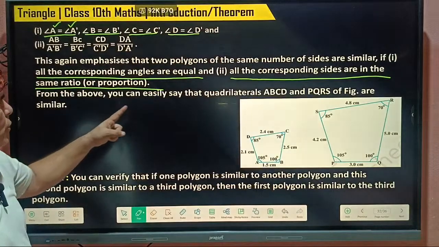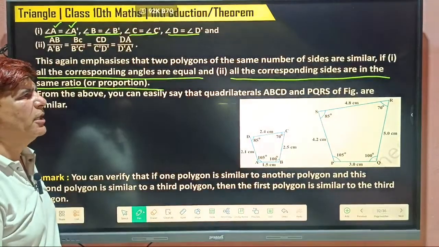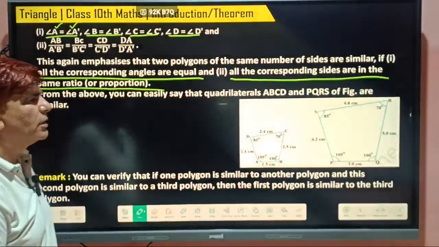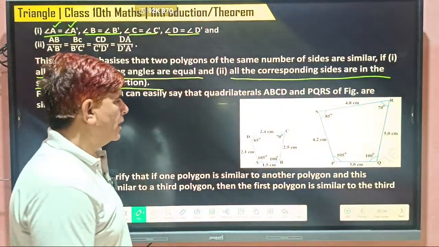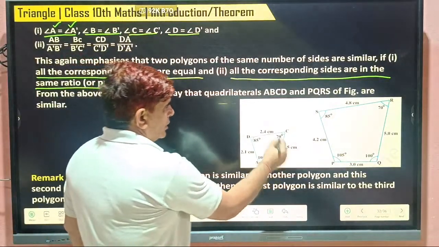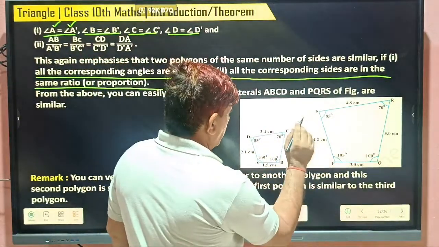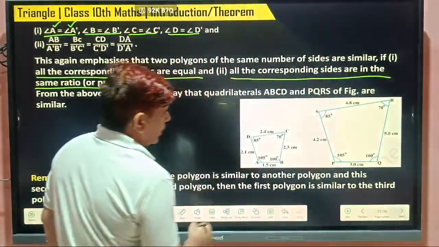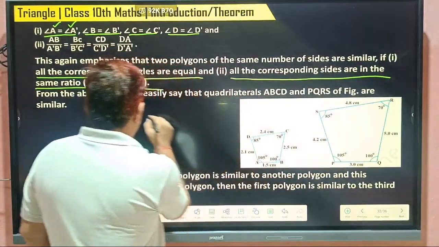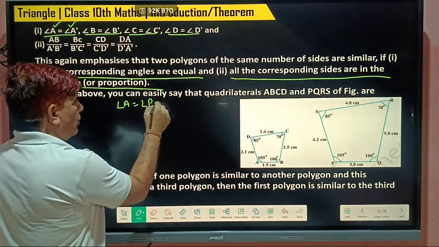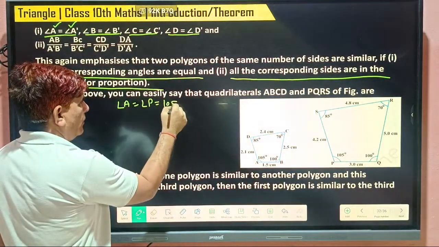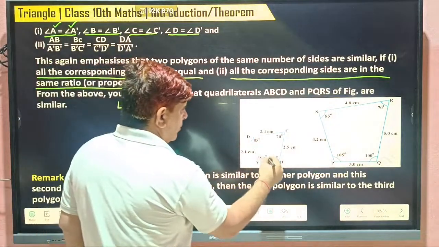Understood? From the above, you can easily see that quadrilateral ABCD and PQRS are similar. So in this figure, AB, CD, PQ, RS. Angle A equals angle P, both are 105 degrees.